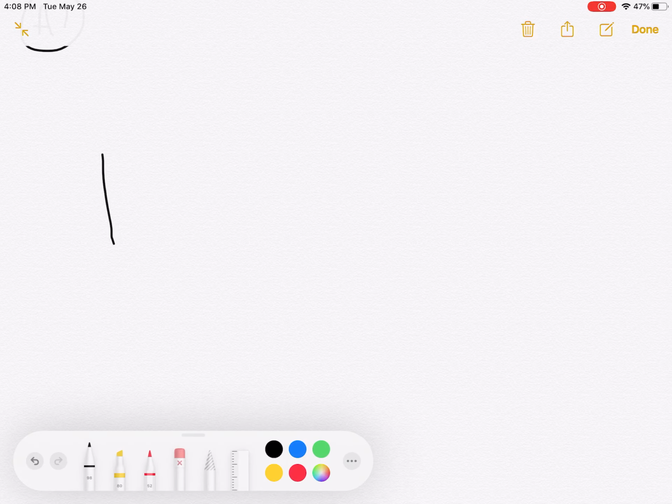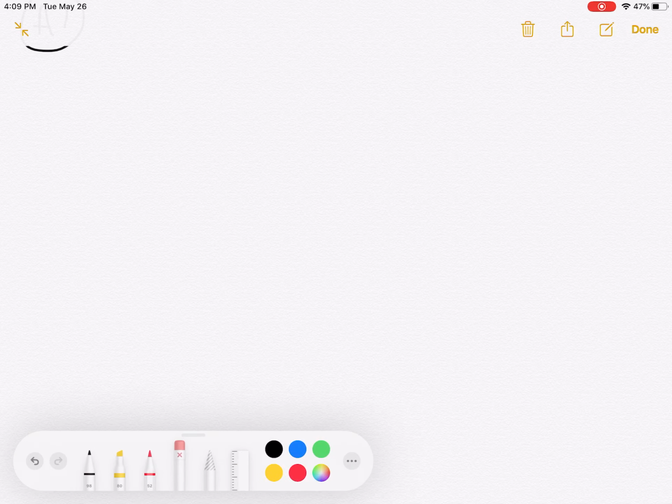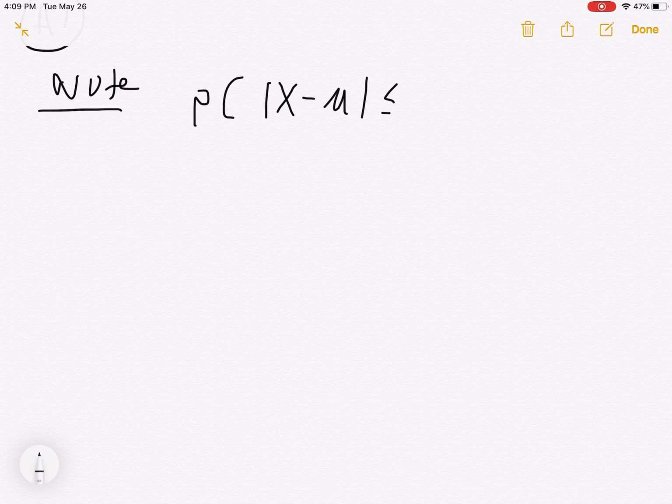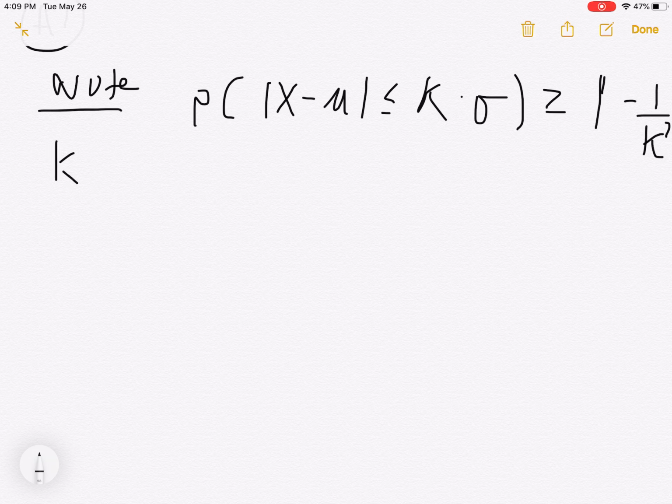Just note, okay, so let's just note that Chebyshev's is going to say this: the probability that |x minus mu| is less than or equal to k sigma is at least 1 minus 1 over k squared. And I'm going to let k equal 2.